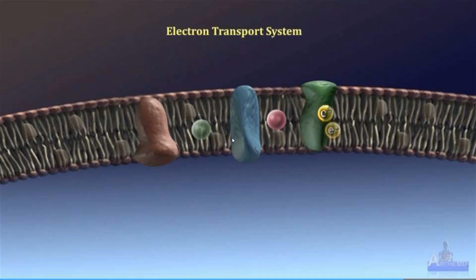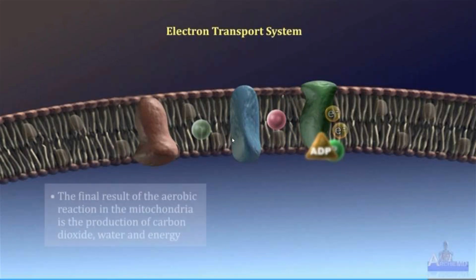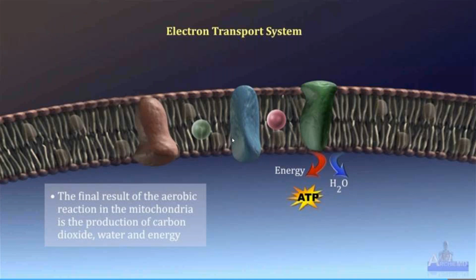As electrons are moved along the chain, other molecules combine to form water and ATP. The final result of the aerobic reactions in the mitochondria is the production of carbon dioxide, water, and energy. Some of the energy forms ATP. The remainder is released as heat.